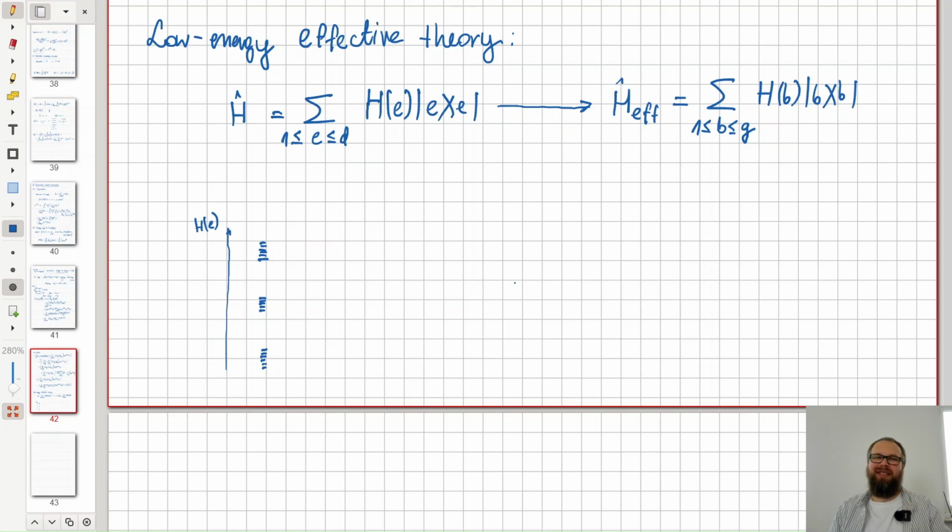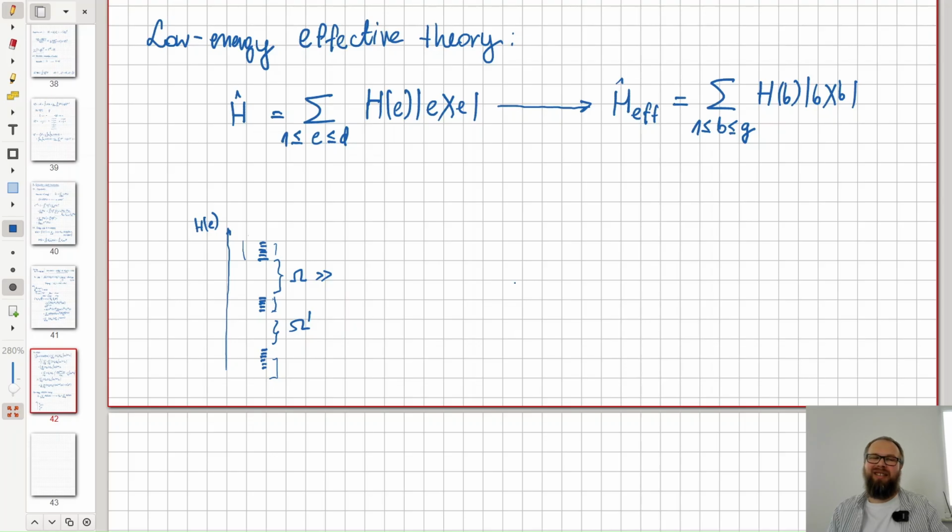Imagine you have this structure, and this is a big gap, omega, much bigger than the spread of the energies within each block. And here's another gap, omega prime, which is also big. This would be the lowest energy, the ground space, this moderate energy, and this high energy.